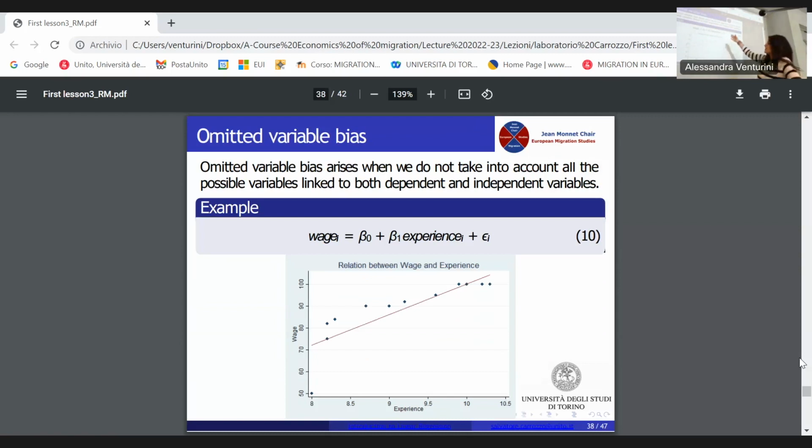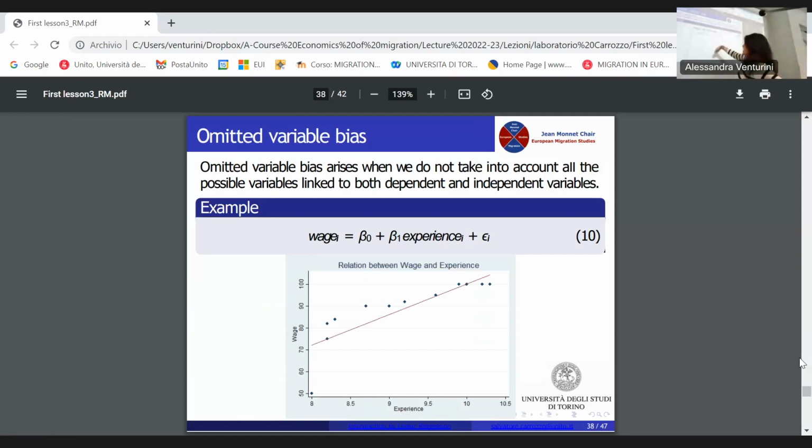Take a look here, for instance. Omitted variable bias arises when we don't take into account all the possible variables linked to both the dependent and independent variables. So, when you do not consider some important variables that are able to influence, to impact your main relationship.